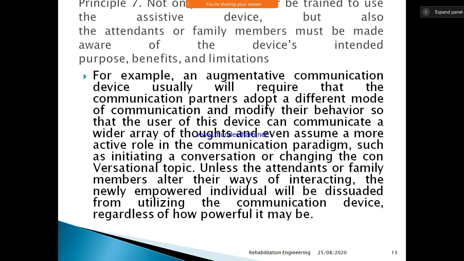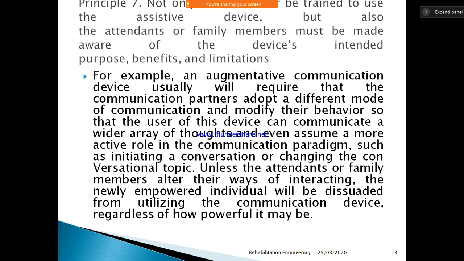So before going to process this, the professionals should analyze the recent technology and how we need to solve that problem. That's the important thing. And the fifth principle is: users' preferences and choice must be considered in the selection of the assistive technology.